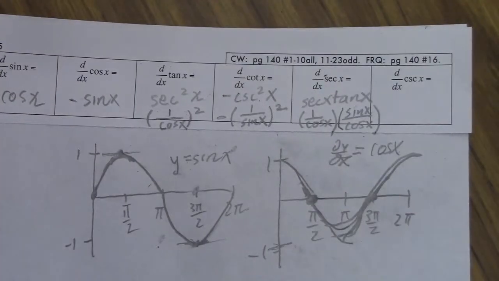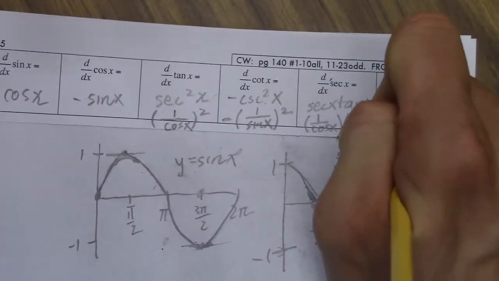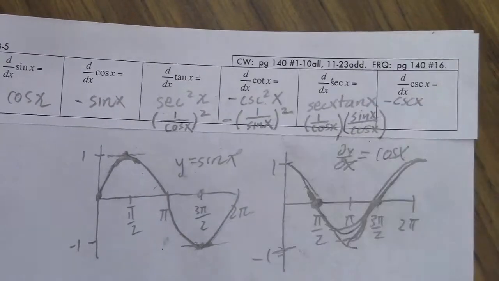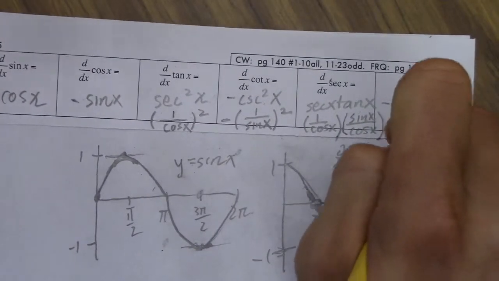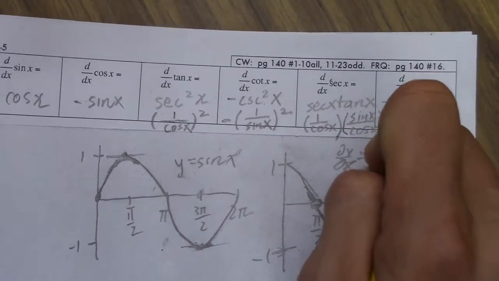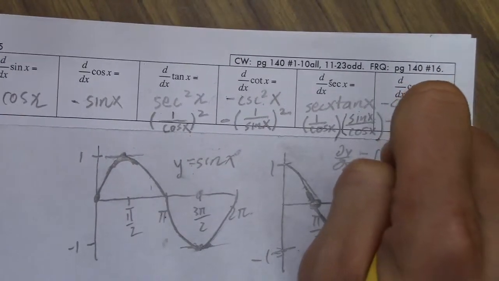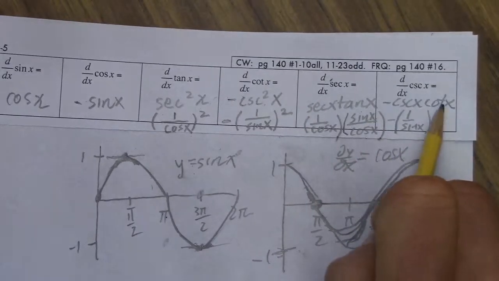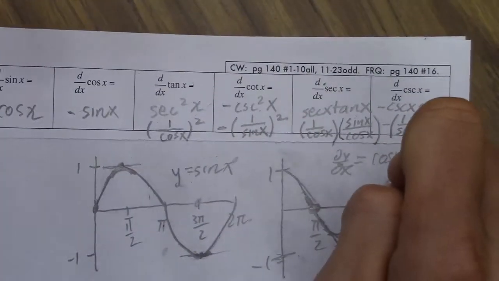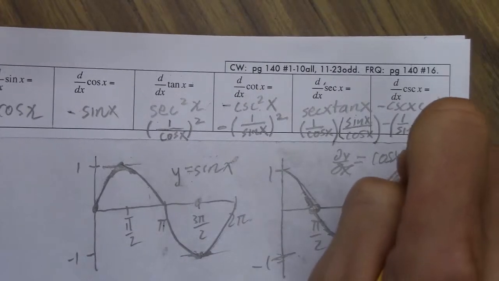And then the derivative of cosecant is negative cosecant x cotangent x. Sneak that in there. So there are the rules. If you need to remember, cosecant is 1 over sine x, and cotangent is like tangent but flipped: cosine of x over sine of x.